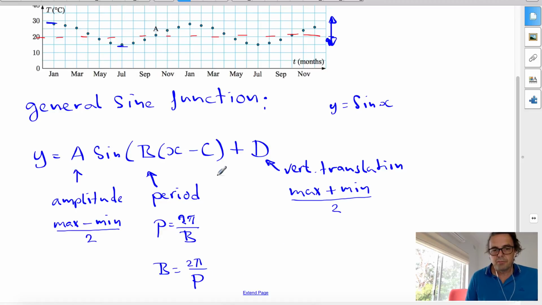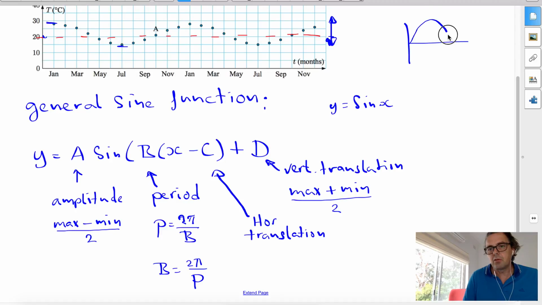Now there's one left, c. What does c do? C is the horizontal translation. So sometimes the sine function or the data does not start at 0. You see an ordinary sine function starts at 0 there. You know, it starts there. But sometimes your data starts maybe somewhere there and goes up like that.